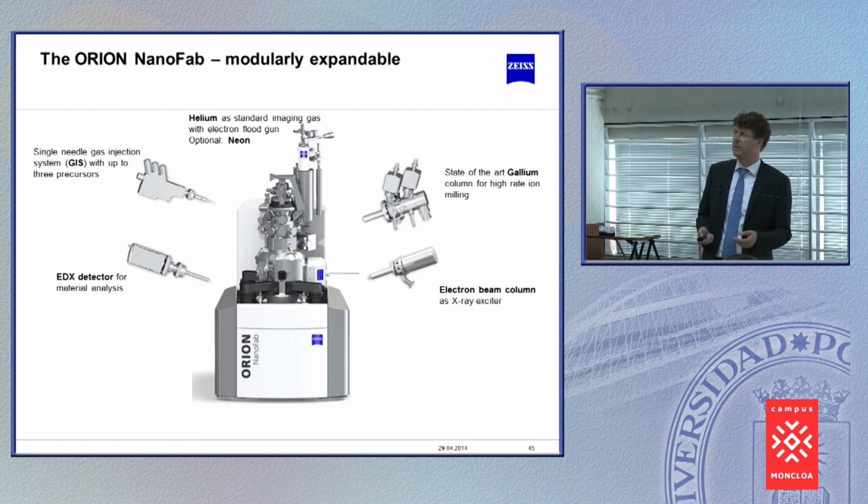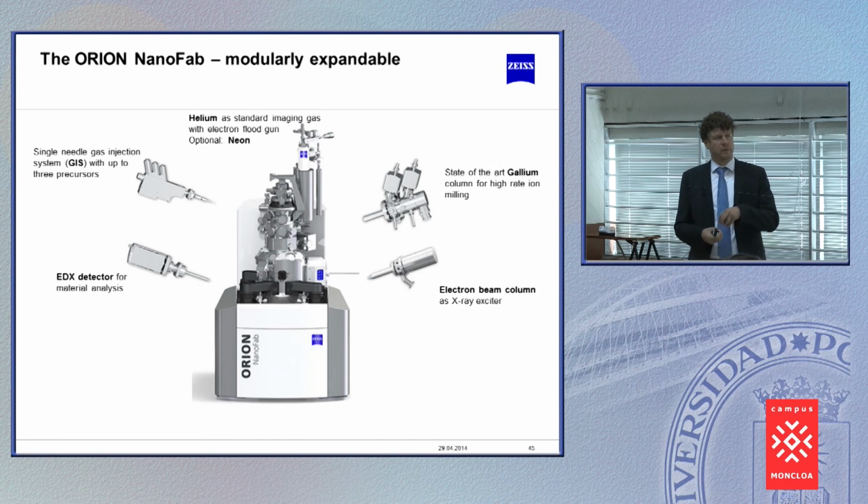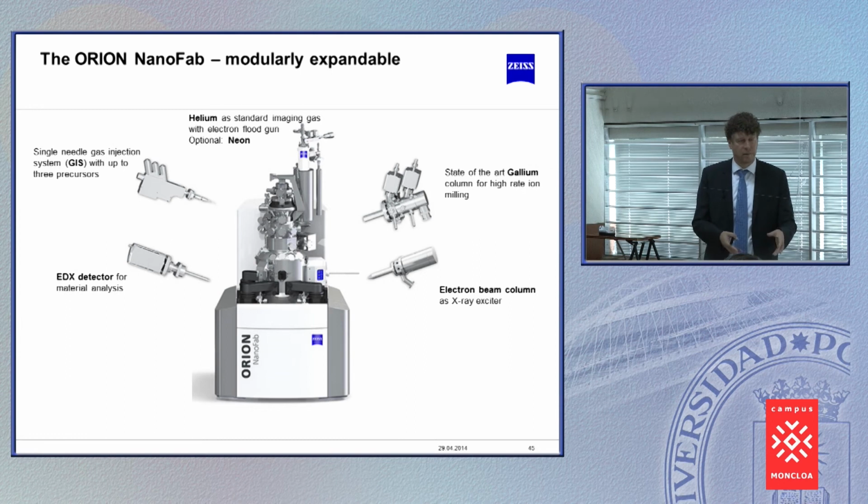Then you can use a gas injection system, which is for growing some pillars or etching of the sample. And we can use an electron beam and an EDX detector to do analytics, because right now we can just do imaging and nanofabrication.